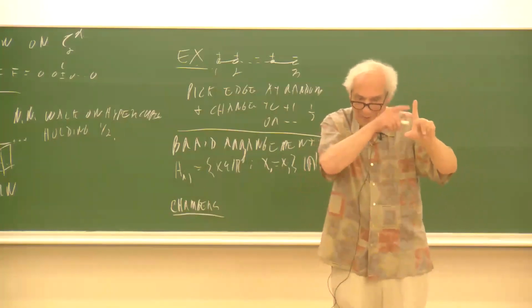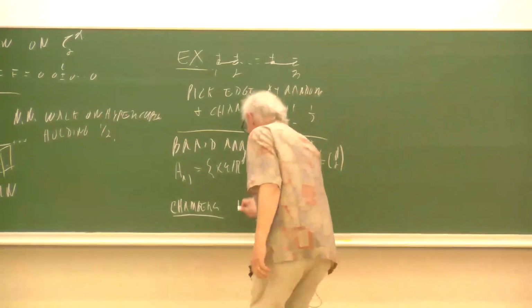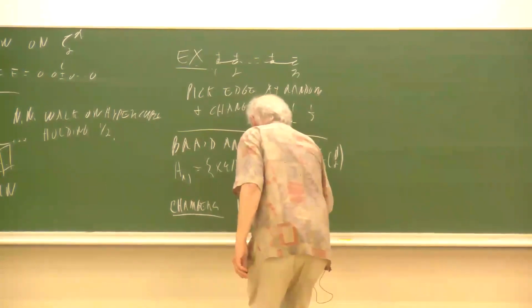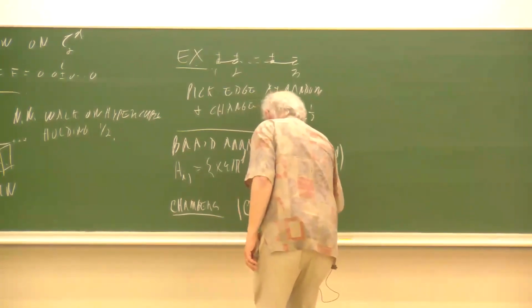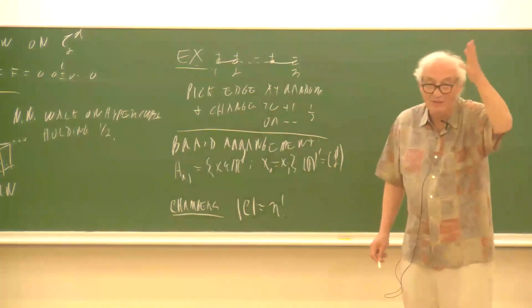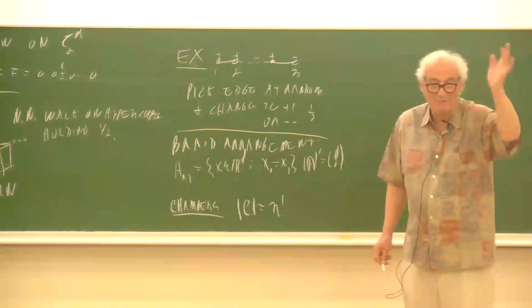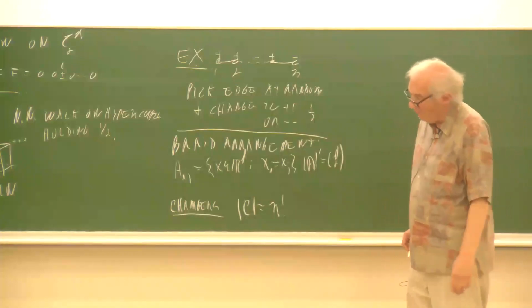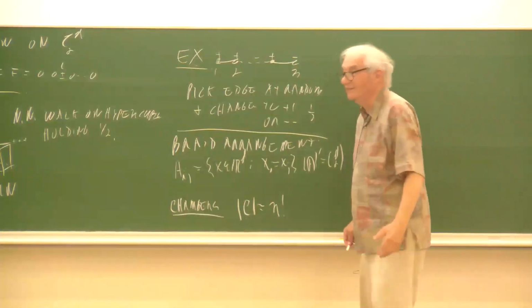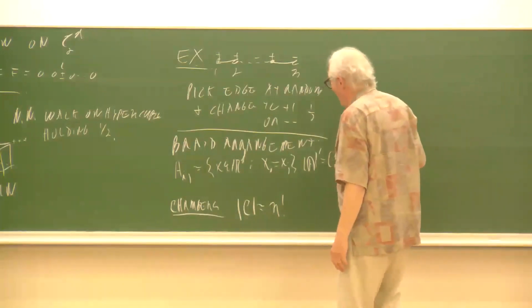You draw a picture in 3D, and the size of the set of chambers is n factorial, because no coordinates are equal. Throughout that region there's a relative order, and you can just label the chambers by permutations. You'd have to think for an hour, but I don't have an hour to let you think.